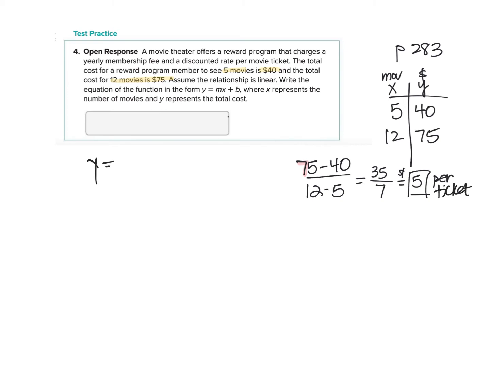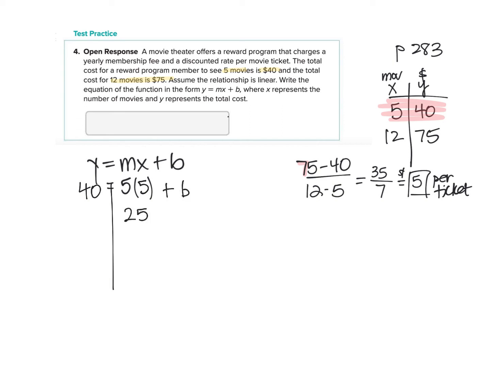Okay, so I'm going to do y equals mx plus b. I'm going to put a 5 for my slope. And then I am going to pick a point from my table. Doesn't matter what I choose. So I'm just going to use 5 and 40. So I'm going to plug in a 5 for the x and a 40 for the y, and then plus that b. All right, so I do 5 times 5 is 25 plus b equals 40.